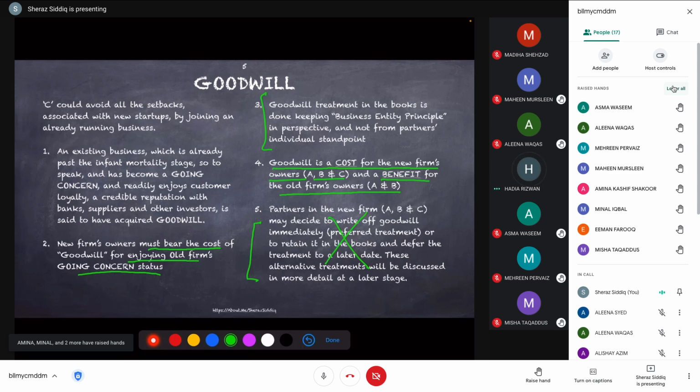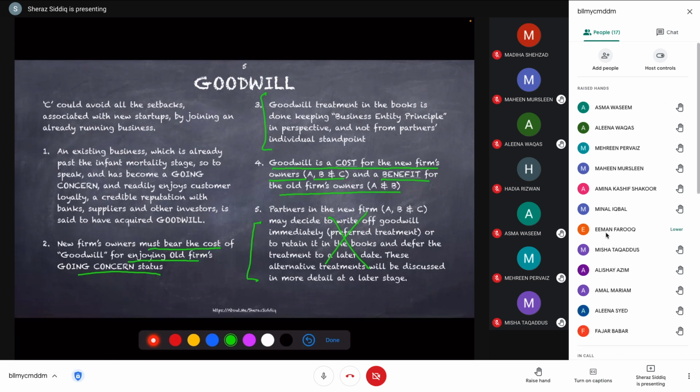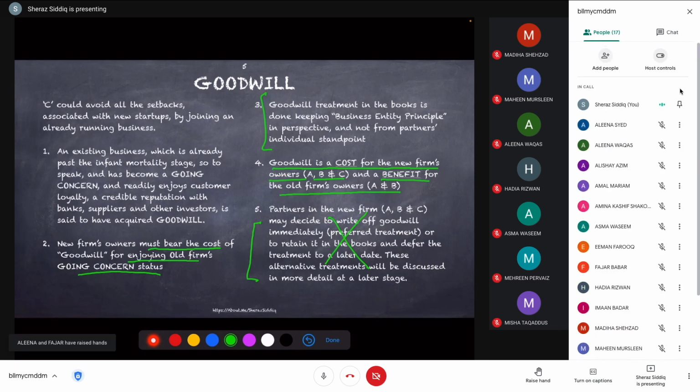Just the first 4 points. If you understand everything on the first 4 points, then let me know. I believe all of them are here. Okay, Fajr. Got it. I think that is it.